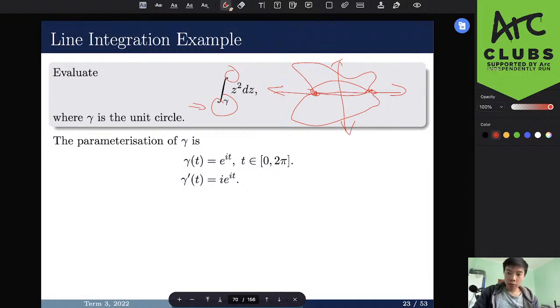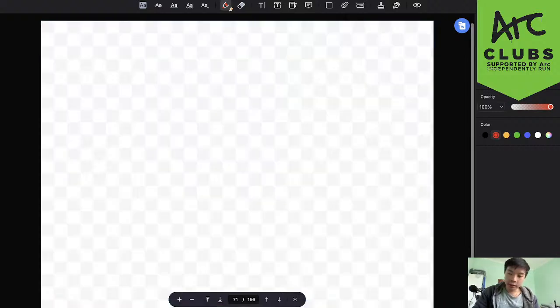So what we do is we find the parametrization of our contour. Our contour is the unit circle, so we know that that's going to be e to the it. And of course it ranges from 0 to 2 pi. And we have the derivative, which is i times e to the it.